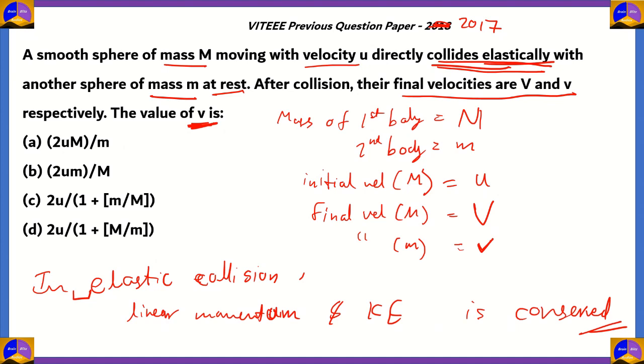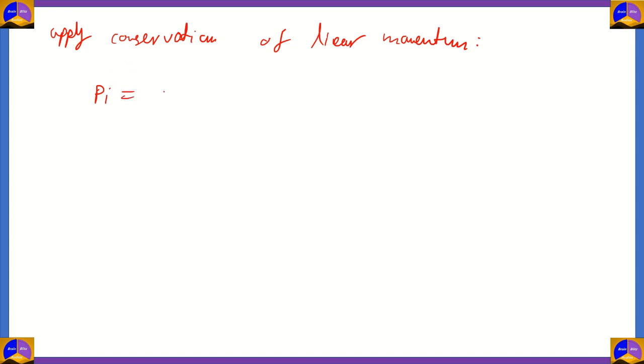So therefore, first we're going to apply the conservation of linear momentum. Basically it means that the initial momentum is equal to the final momentum.